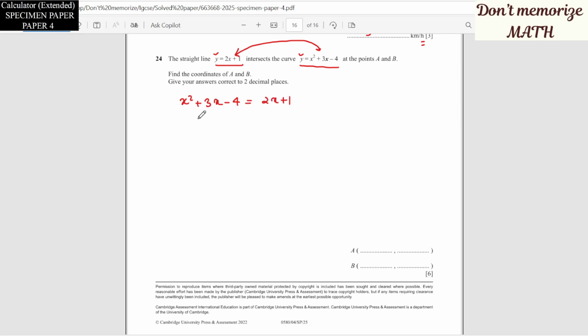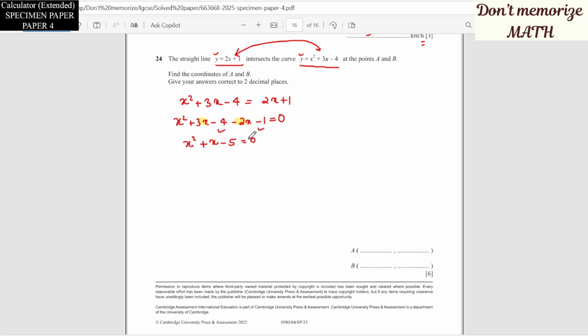We'll rearrange and make it in the general form of a quadratic equation. 2x will move this side and become minus 2x, and 1 will become minus 1, equal to 0. So now you have 3x minus 2x, that is just x. You will get x square plus x minus 5 equal to 0.